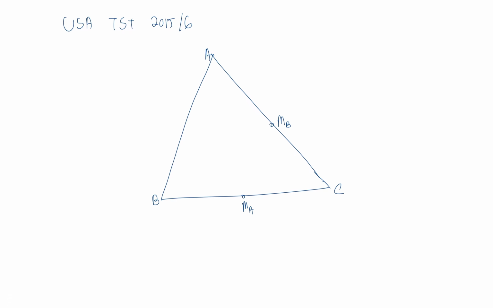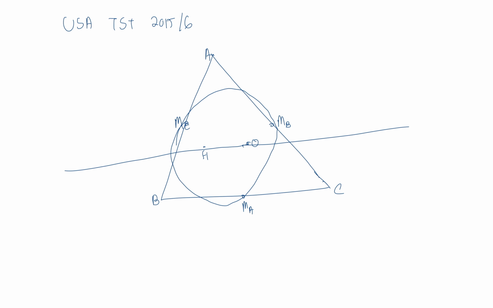Okay, so the problem says that we have a non-equilateral triangle ABC, and then we have the midpoints of the sides like this. And then we also have the 9-point circle. And we also have the Euler line, which is the line between H and O. So it's something like this.